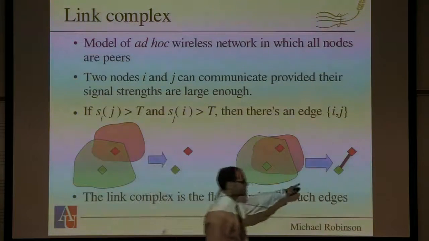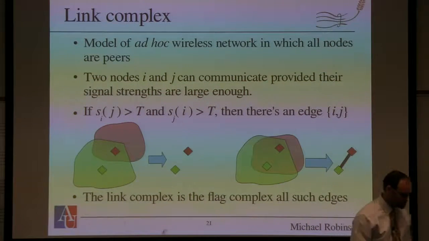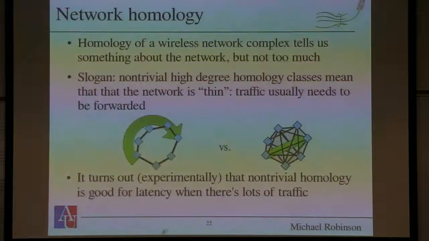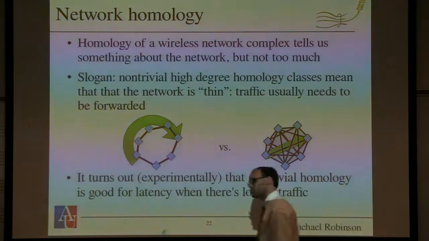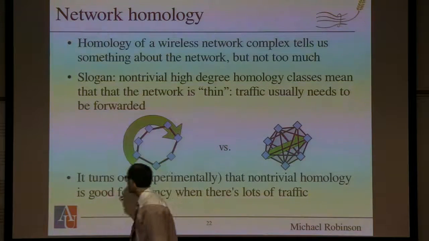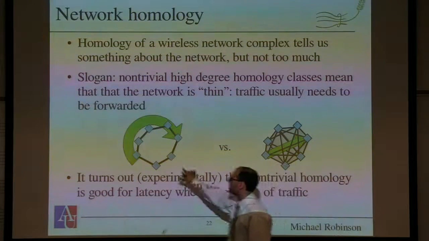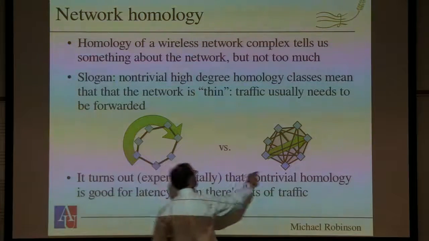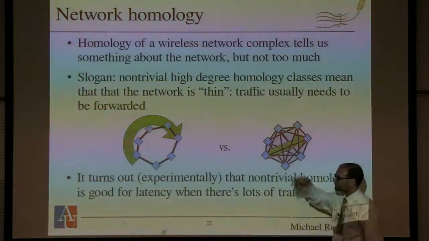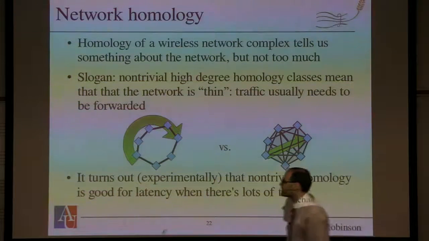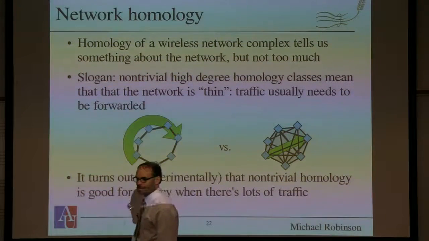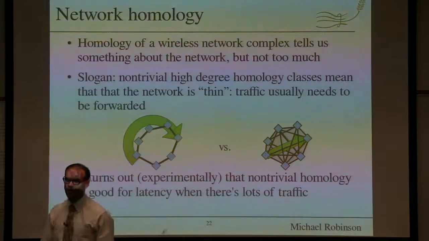Dimension of H0 of this guy will be 1. This turns out to be a valuable homological invariant. In particular, if you look at the loops, the dimension of H1 can discriminate between this kind of network, which is a loopy network, as there's a loop around here, versus this network, which is very heavily connected. In essence, this is very much like a wired network, not a wireless network.